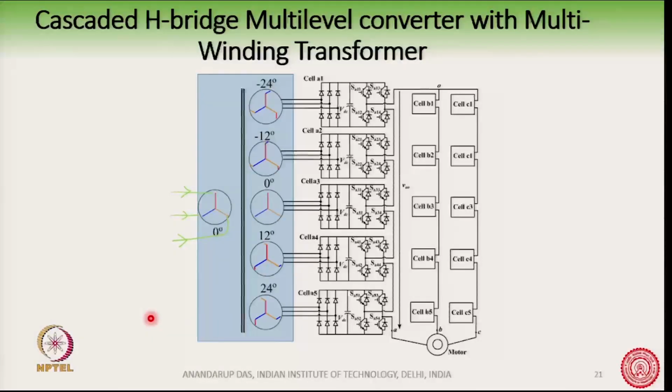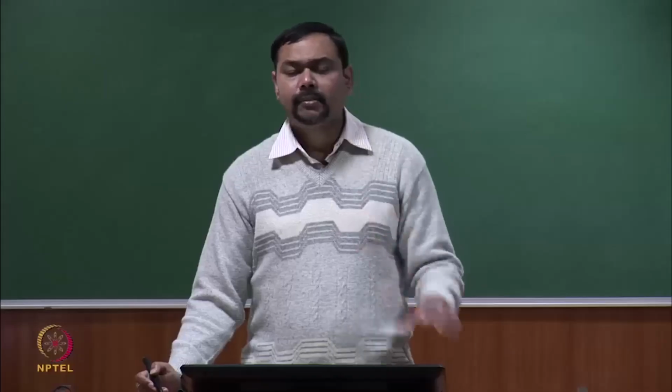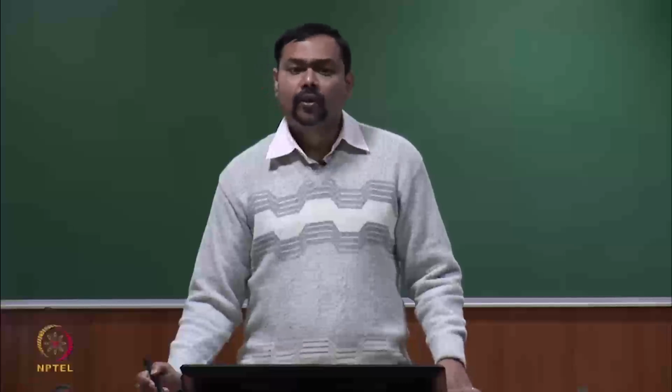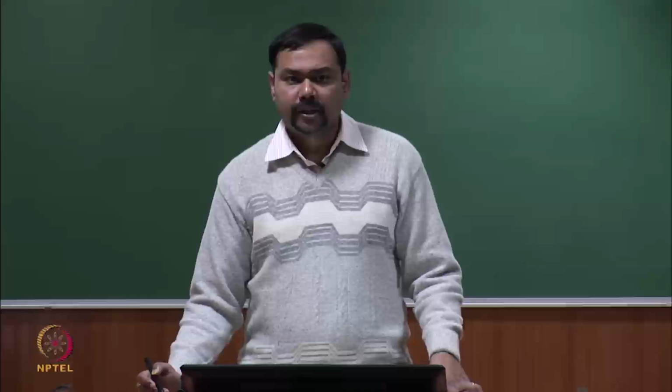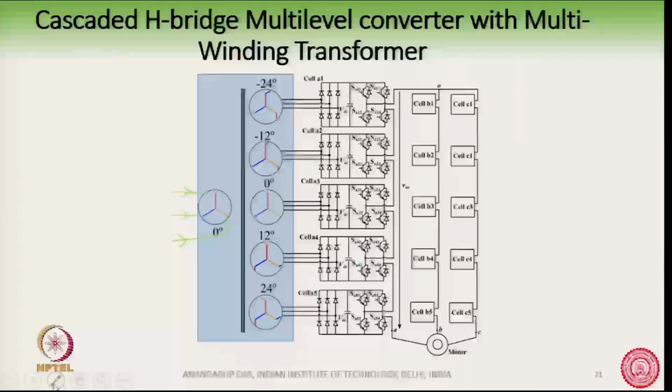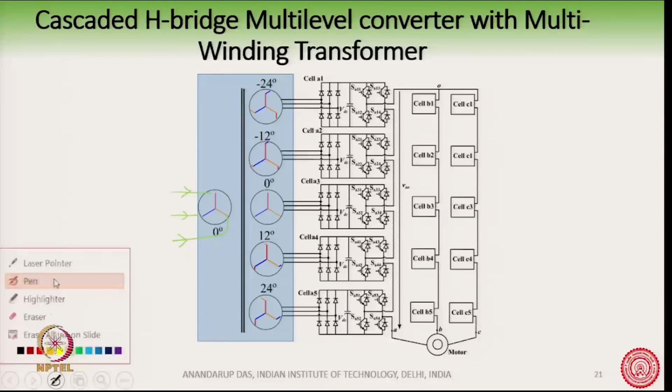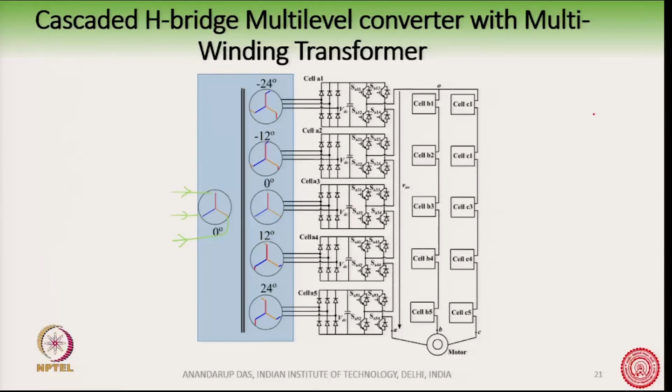In a similar way, in the NPC, the neutral point clamped converter, we had seen that there was a DC bus, and this DC bus can also be created from a star-delta transformer. In NPC we had this DC bus, which was going to the 4 switches. So, this was the NPC converter.